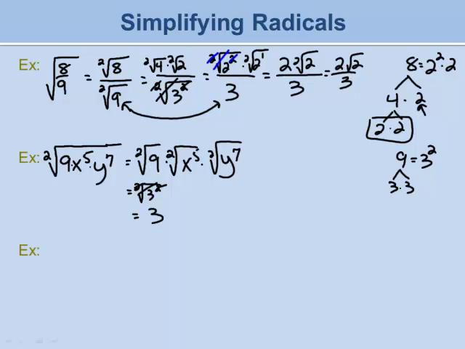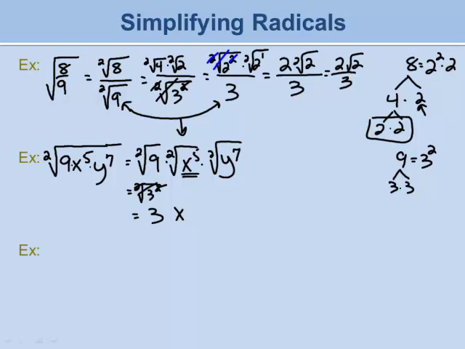Now let's look at this factor right here. Square root of x to the 5th. 2 will not divide into 5 evenly. So what we're going to do is take x to the 5th and write it as x to some power times x to some other power, so that maybe we can simplify it. So, as before, ask yourself, will 2 go into 5?